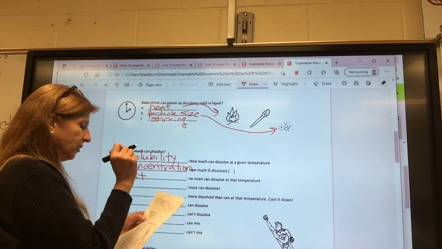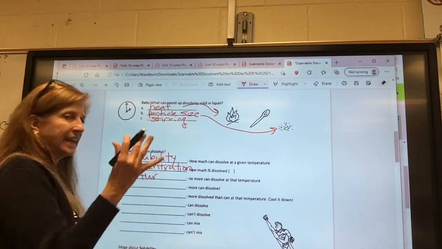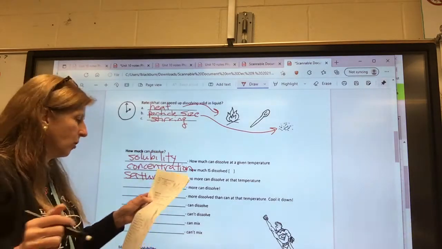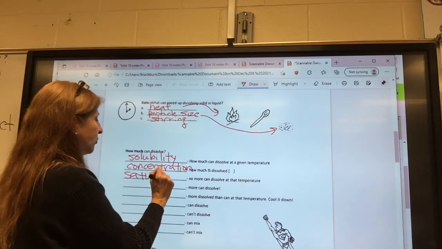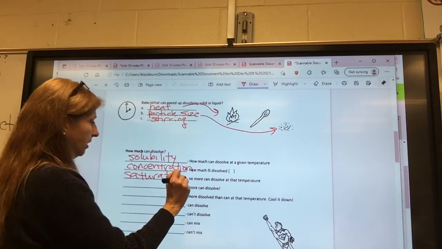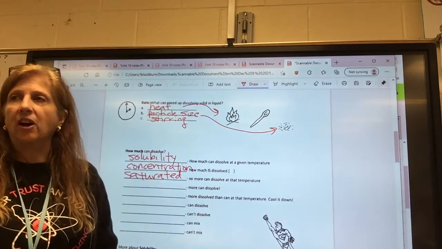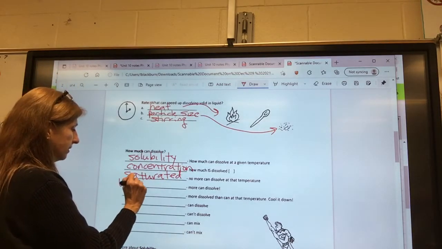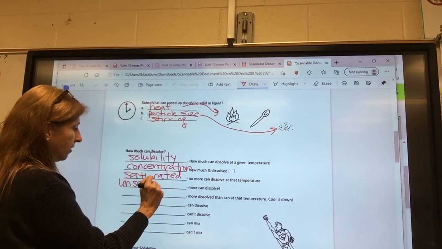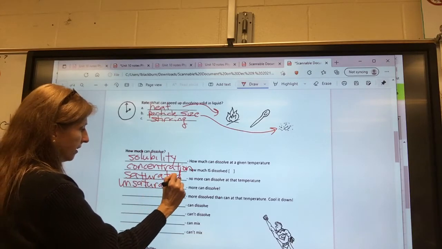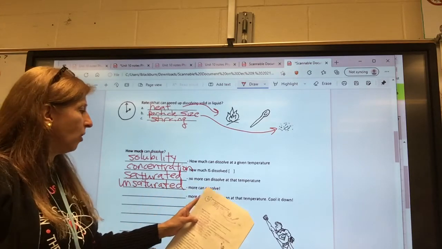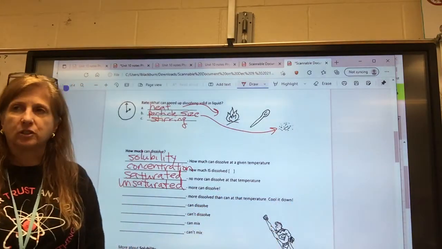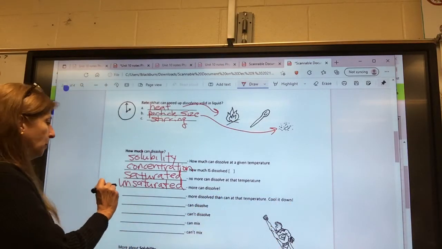I bet you already knew that word too, because if you have a towel mopping up a spill and it can't take any more, you say that towel is saturated, don't you? If more can dissolve, it's unsaturated. If more is dissolved than can normally dissolve at that temperature, it's called supersaturated.